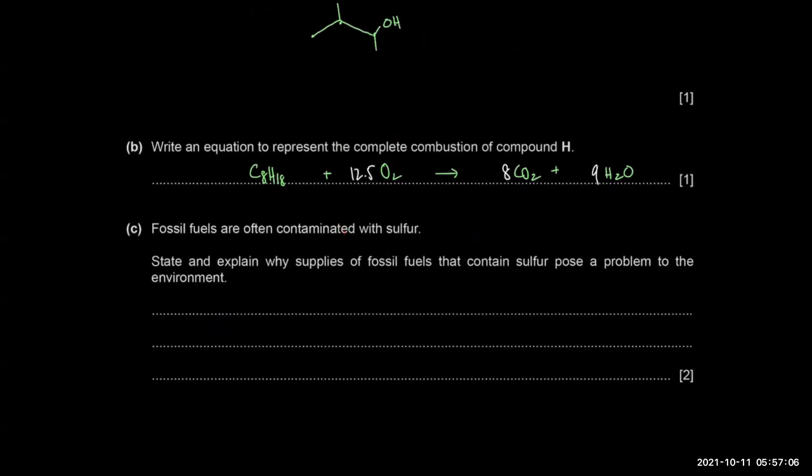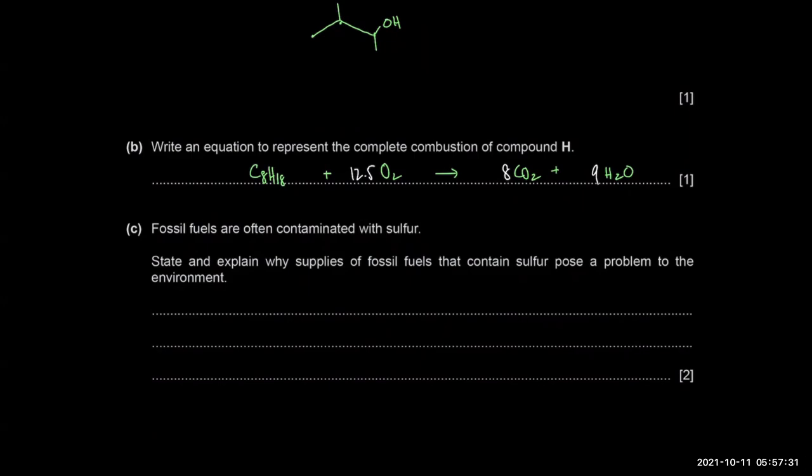Fossil fuels are often contaminated with sulfur. State and explain why supplies of fossil fuels that contain sulfur pose a problem to the environment. So why do sulfur impurities, what do they produce? When you combust a fossil fuel and you have impurities, right?